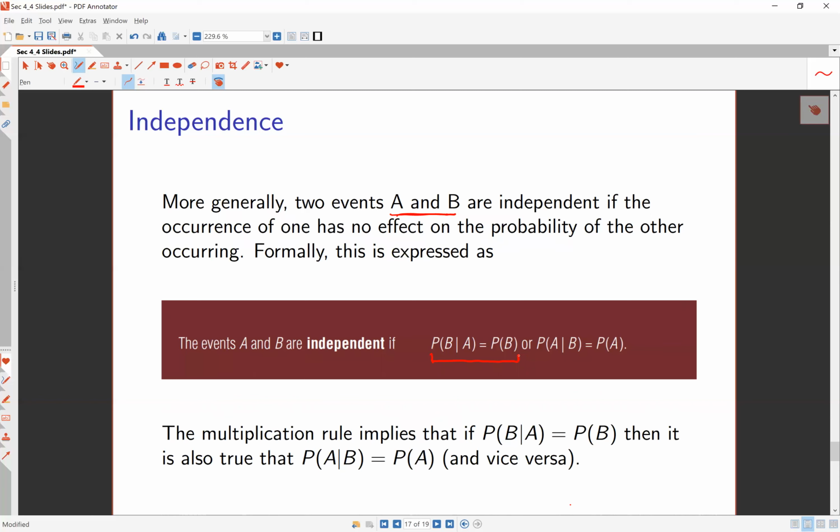Probability of B given A is just equal to the probability of B. Conditioning did nothing. And I can flip that around. Probability of A given B is equal to the probability of A. In fact, if one of those statements is true, then the other statement will also be true. So independence means both of these statements are true. And if you have only that one of those statements is true, it tells you the other one is true as well.